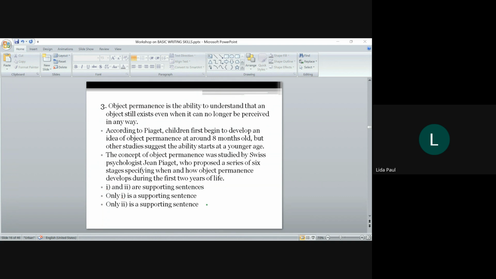They just write the supporting sentences and be done with it. So in this case, you have both the first and the second statements as your supporting sentences. Okay, there is no concluding sentence there.